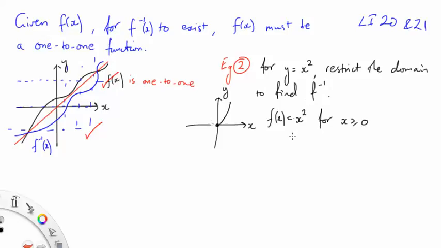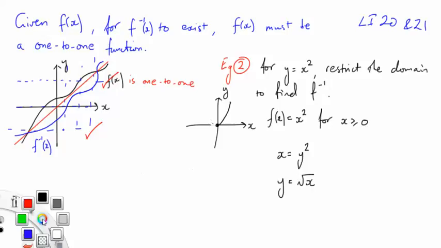So let's find the inverse function. And let's solve for y. y equals root x. Notice how I don't take the negative root. I'll show you why, because the positive root looks like this. The negative root is that other part, which we've chopped out.